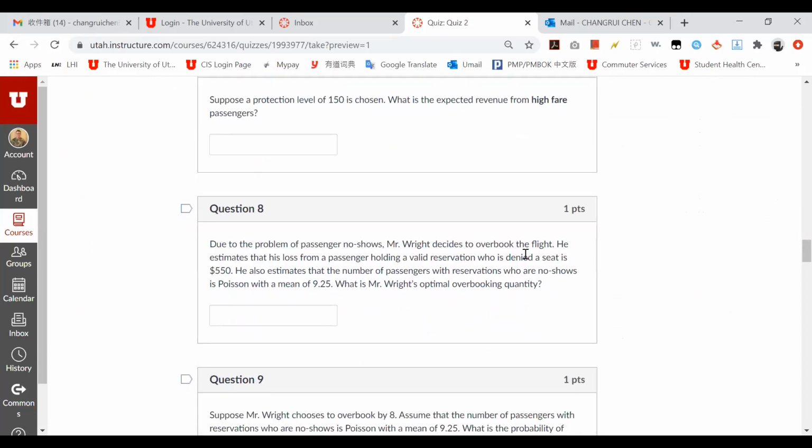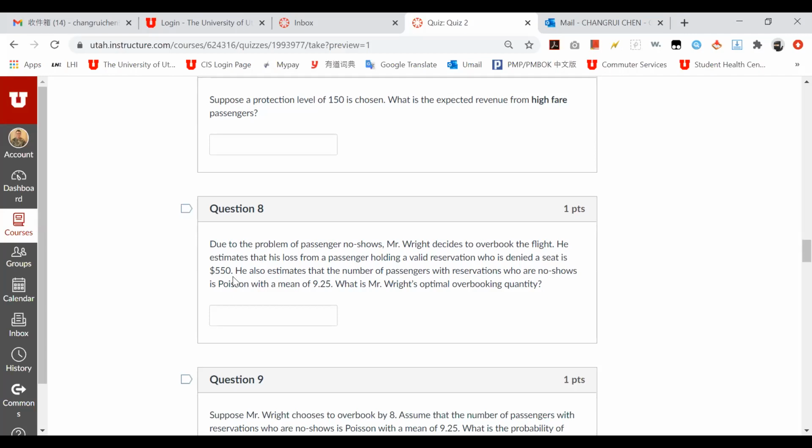In question 8, can you see it? The penalty is inferred here. He estimates that his loss from a passenger holding a valid reservation who is denied a seat is 550. This sentence tells you the penalty for the flight company to pay the passenger who has a valid reservation but doesn't have a seat is 550.